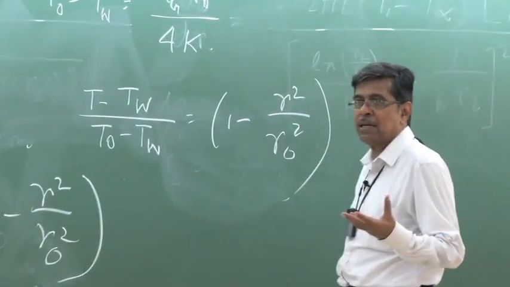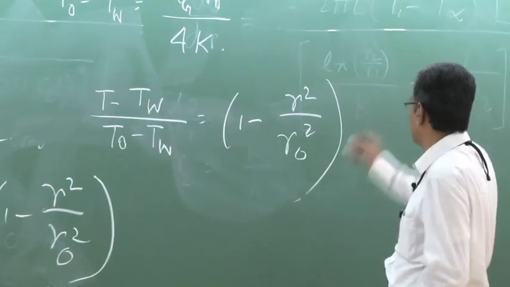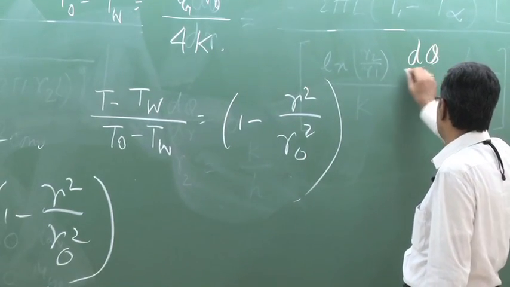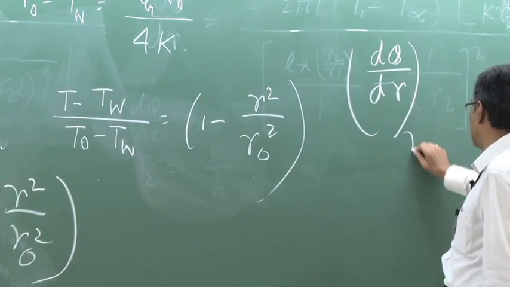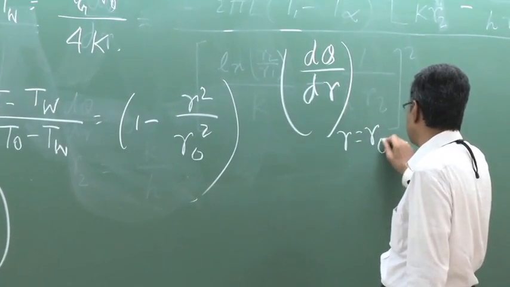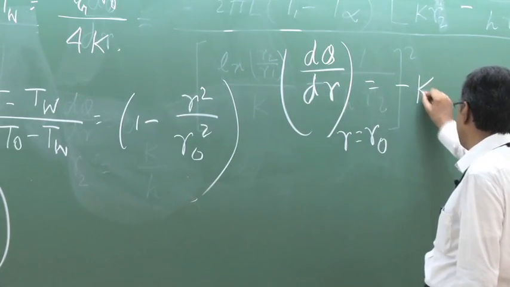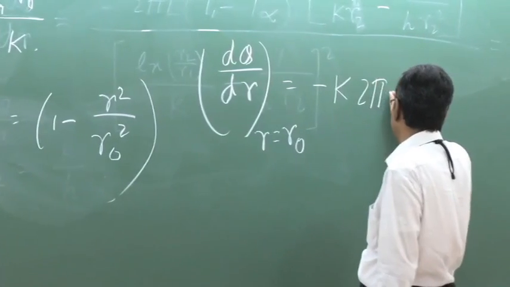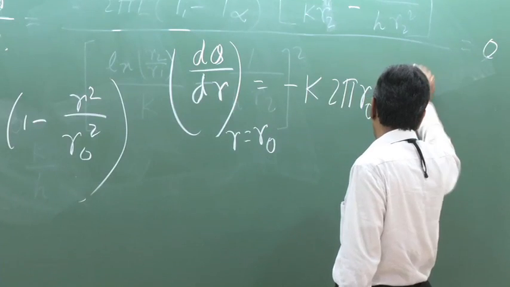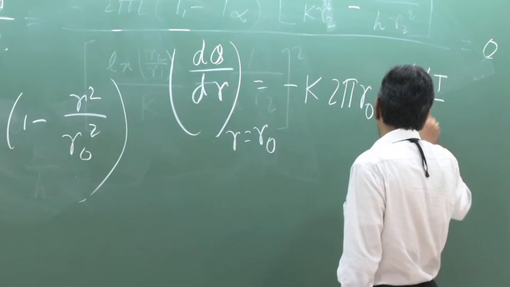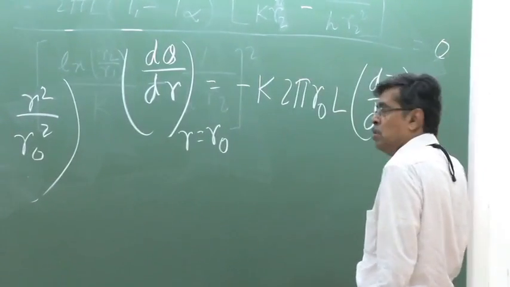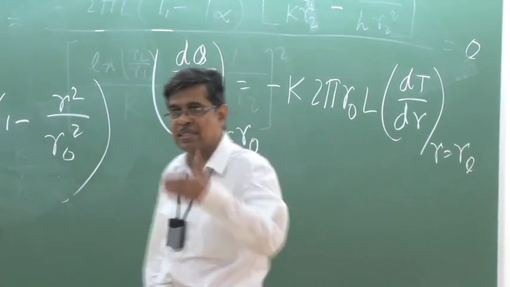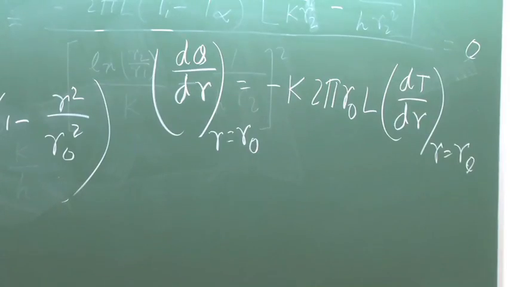And you can find out now dQ/dR at the surface. We are interested in what is the dQ/dR at R is equal to R0. What is that? It is minus k area, twice pi R0 L, into dT/dR at R is equal to R0. Heat flux is not same at all radius because heat generation is there, thermal energy generation. At steady state it is so.